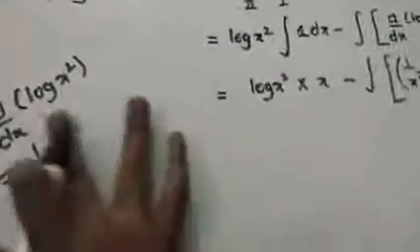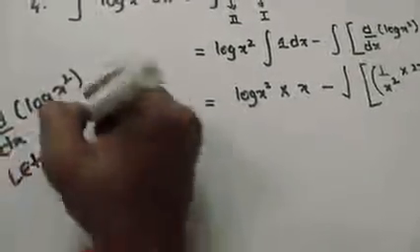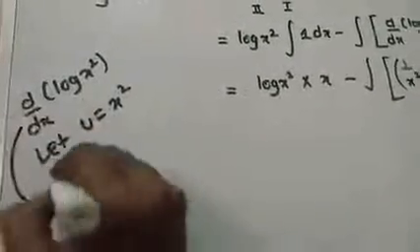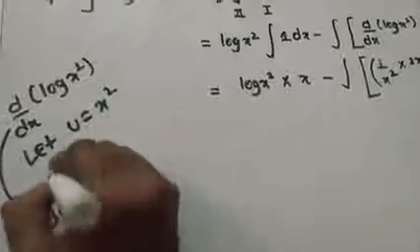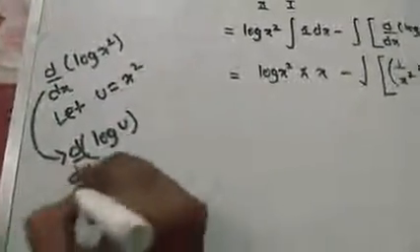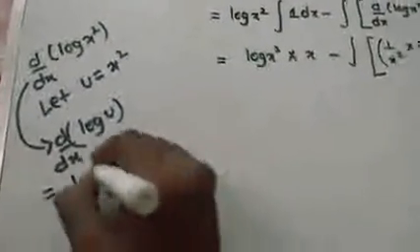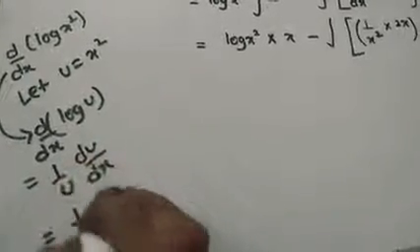Or simply, by chain rule, let u equal x square. So it becomes d/dx of log of u, and d/dx of log of u is 1 by u.